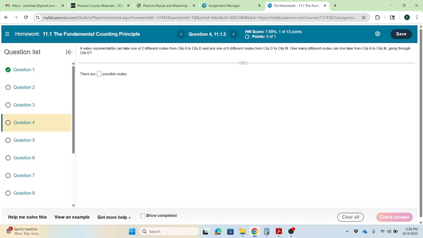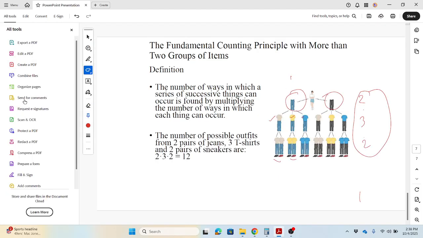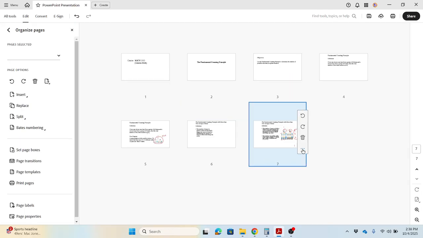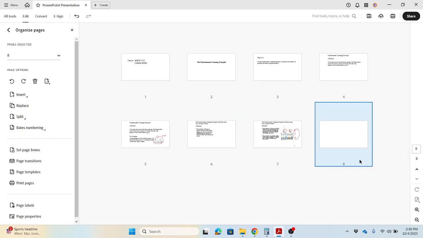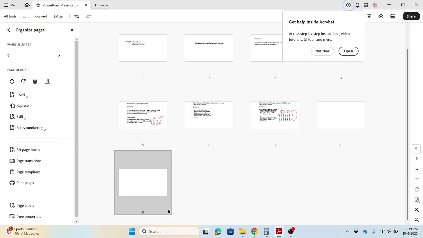A sales representative can take one of 2 different routes from city A to city D, and any one of 6 different routes from city D to city M. How many different routes can the representative take from city A to city M? So there are 3 different cities. Using the fundamental counting principle, it's just how many different ways you can get there. Just multiply, and you get the answer.